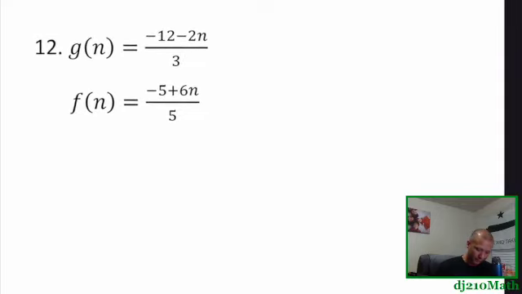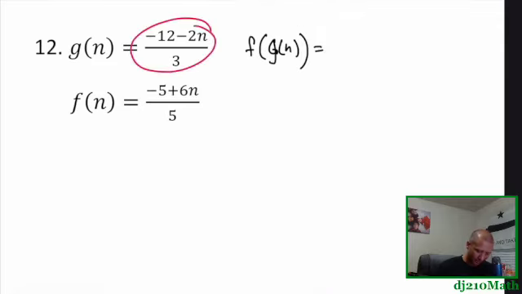Okay, which one do we want to do? It really doesn't matter which direction. So f of g of n. F of g of n. So again, g is the input, and it's going into this n.